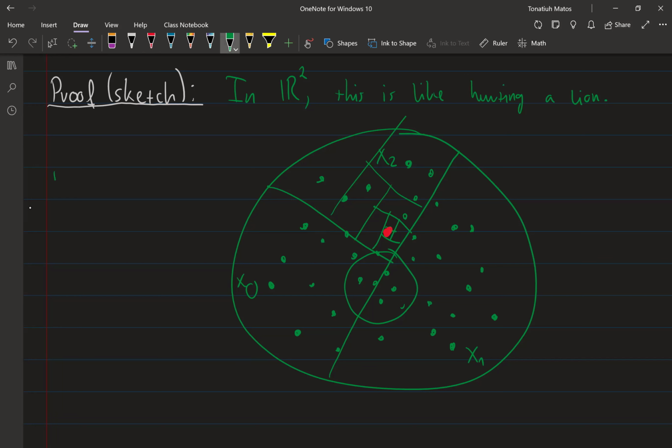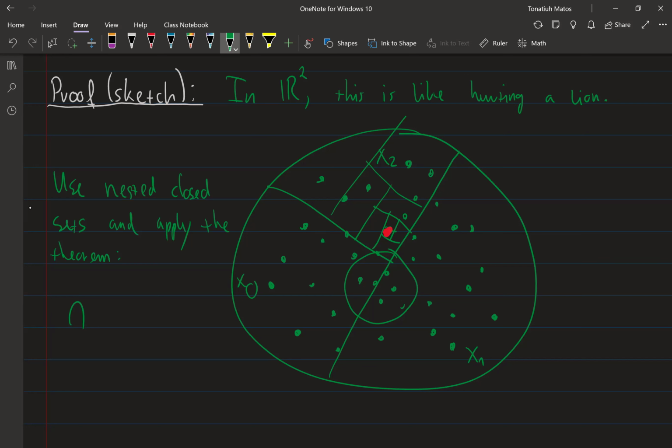So the trick is use the nested, and you can make these sets closed, right? Because why not? Just divide them and take the closure. Nested closed sets. Since this is bounded, these will all be compact. Use nested closed sets and apply the theorem. The theorem that talks about nested closed sets tells you that there's a point in the intersection, right?